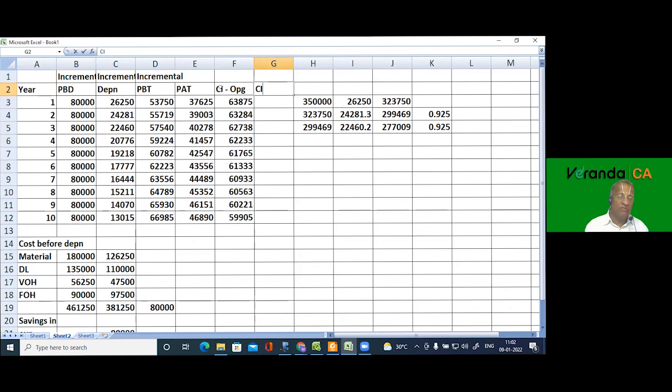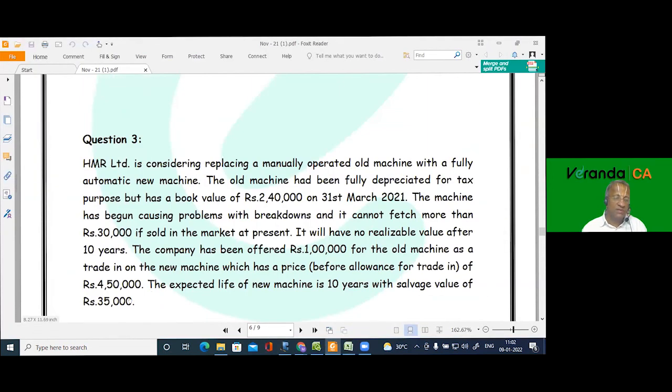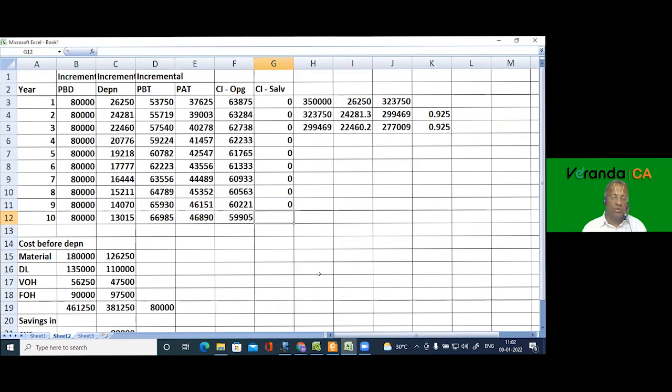So cash inflow on account of salvage. Salvage never comes in the year of operation; only in the last year it will be coming. So the new machine upon buying, they say, is going to have a salvage value. How much is the salvage value? 35,000. So that 35,000 we will pick up. So what is the total?